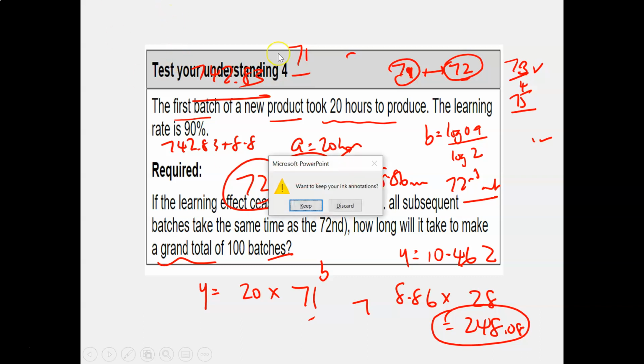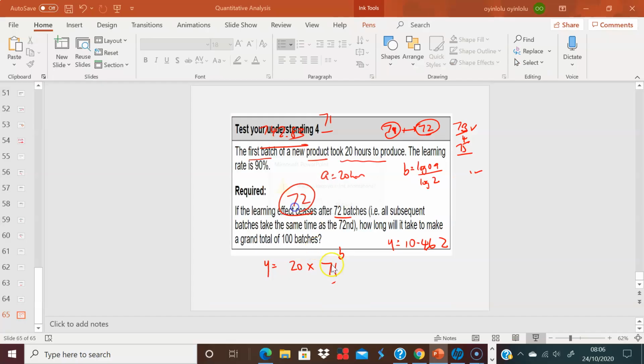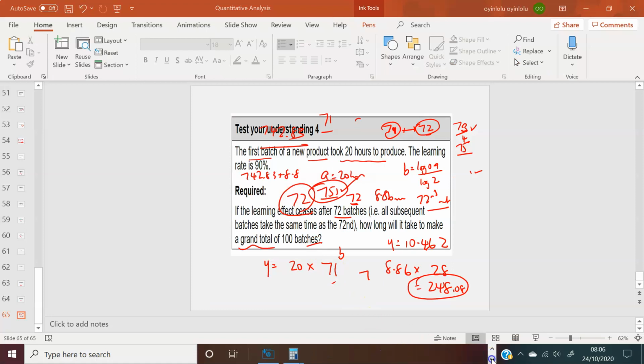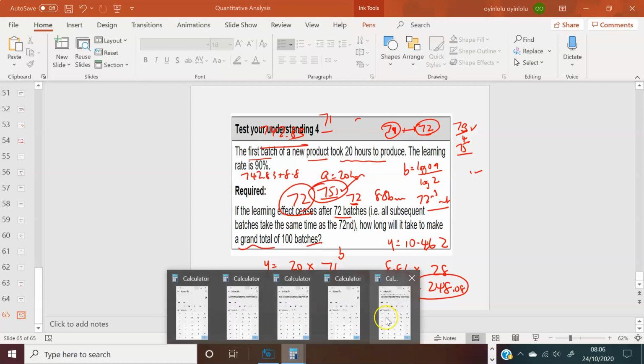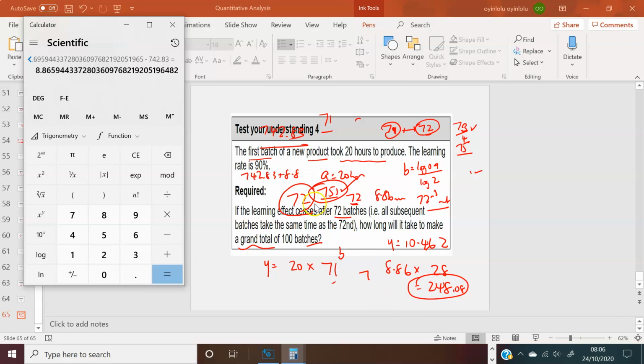Let me see if that calculator would have kept that information there. See what happened here. So that was 751, 752. So I'm just going to clear that. It doesn't really matter. I know what I'm looking for. 752 plus 248. And so the grand total is, whoa, look at that.